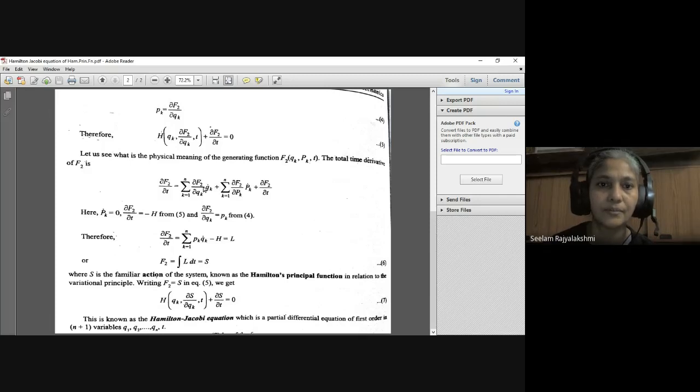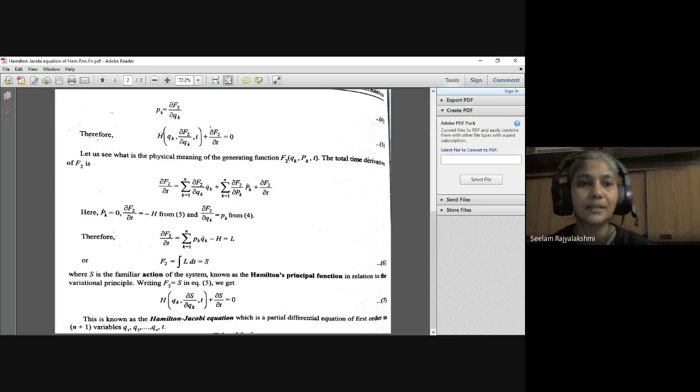Replacing dou f2 by dou qk with small pk, we get df2 by dt equal to the sum over k from 1 to n of pk q dot k minus h, which is already known as the Lagrangian L. So by integration, f2 equals the integral of L dt, which is nothing but S.